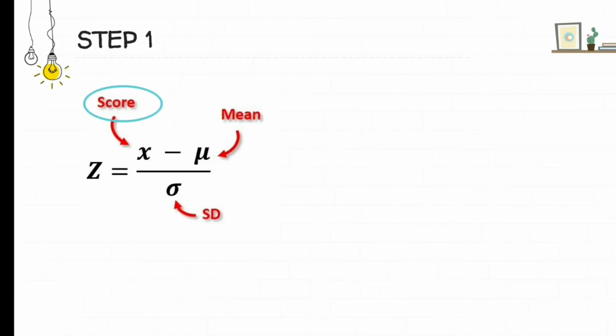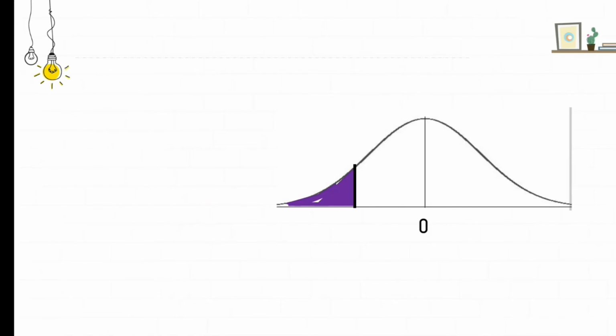We're going to use this formula: z is equal to the score minus the mean, divided by the standard deviation, where X is the score.